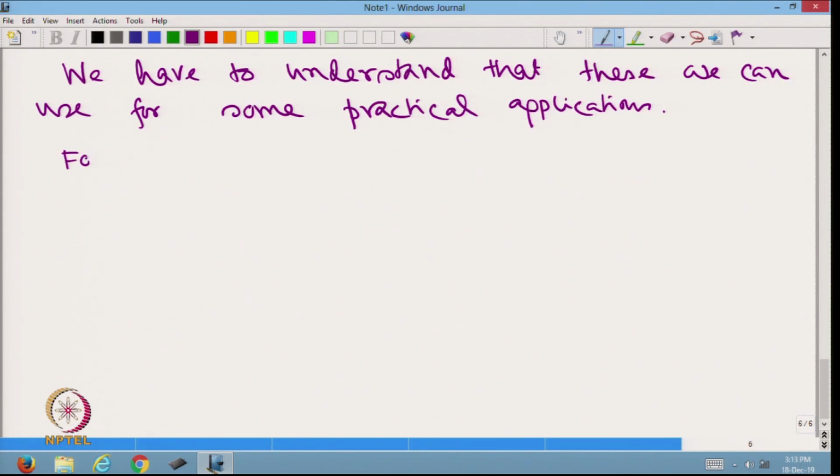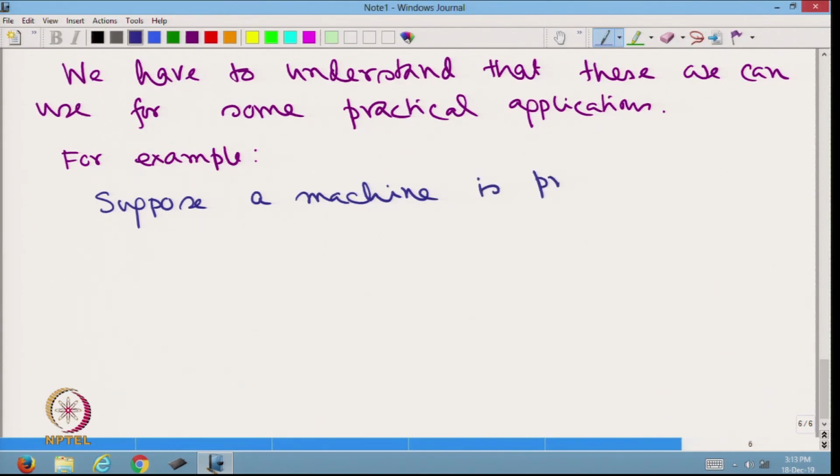For example, suppose a machine is producing items.